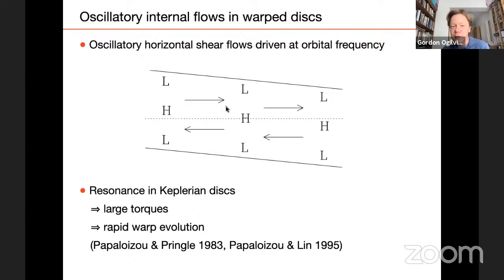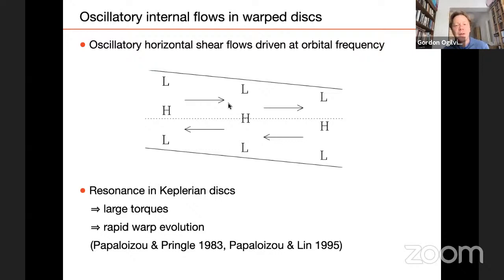the orbital frequency, which is also the natural frequency of horizontal motions, because the epicyclic frequency, at least if the disk is Keplerian, the epicyclic frequency, which is the natural frequency of horizontal perturbations of an orbit, is equal to the orbital frequency.